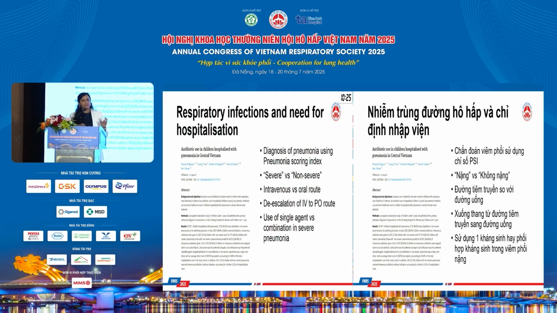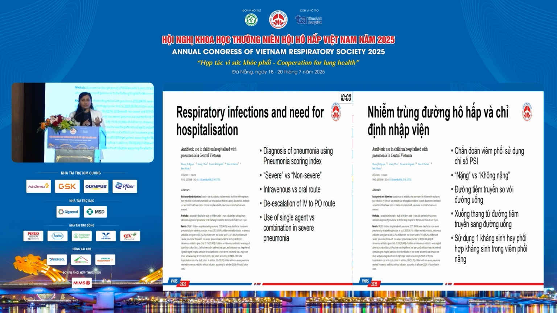So severe versus non-severe pneumonia is categorized very differently. So that just means a lot of patients are being diagnosed as severe pneumonia, being put on IV antibiotics for a prolonged period of time, when actually it's not as severe as it would be if we were to use the tools.